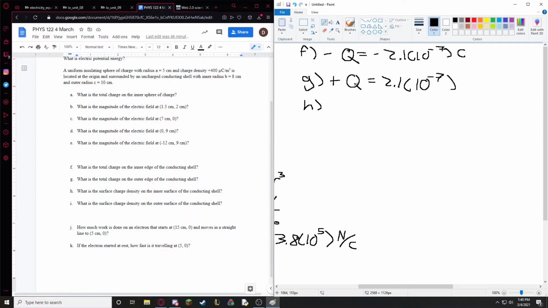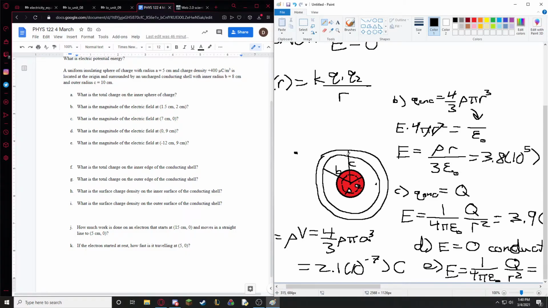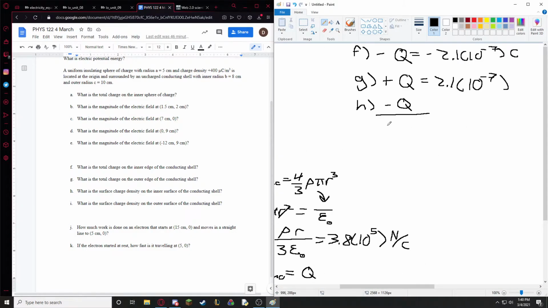Exactly. So for H, we take our total charge, which is minus Q, divided by the surface area, which is 4 pi r squared. Our radius r is b, so negative Q divided by 4 pi b squared.